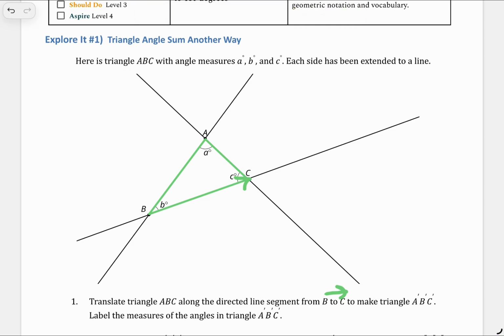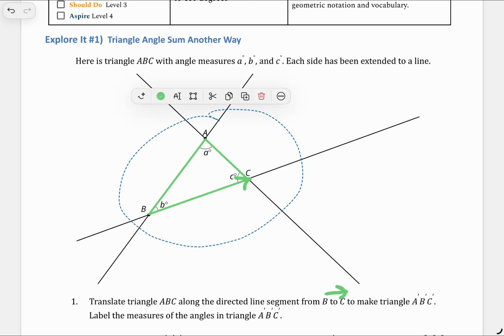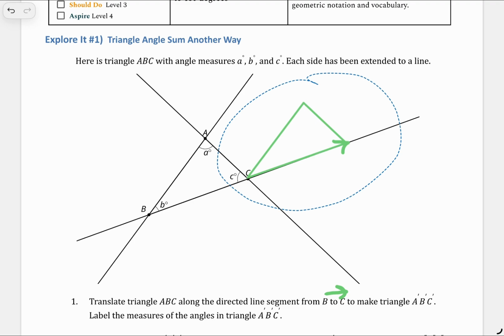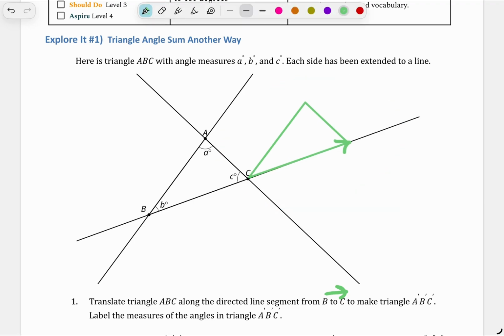So you're gonna pause this video and trace everything in green with your tracing paper. And then you're gonna translate it, or slide it over. And let's label the new diagram A prime, C prime, and B prime.